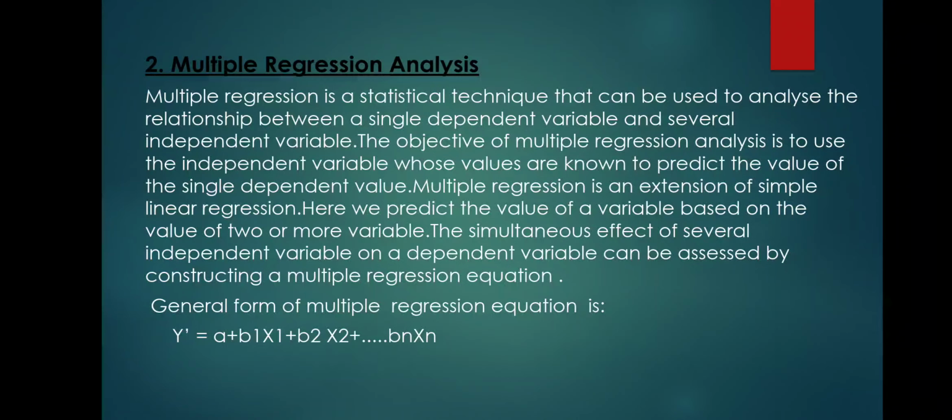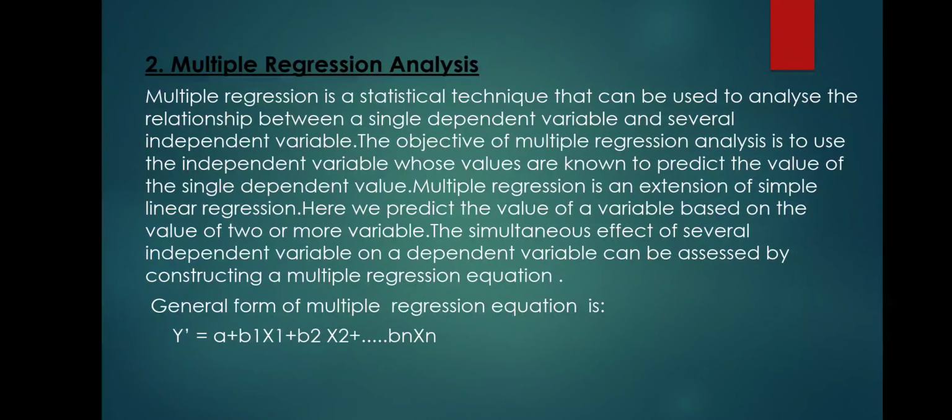The objective of multiple regression analysis is to use the independent variables whose values are known to predict the value of the single dependent variable. Usually, a regression analysis is the study of the relationship between a dependent variable and an independent variable. But in multiple regression analysis, we study the relationship between more than two variables.